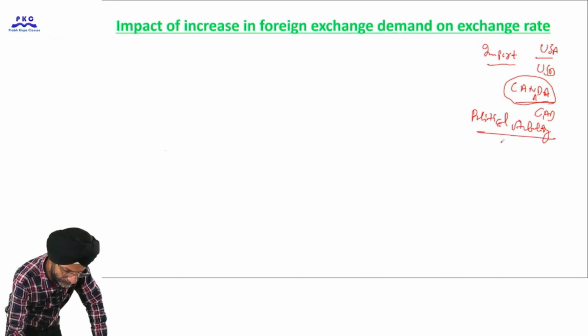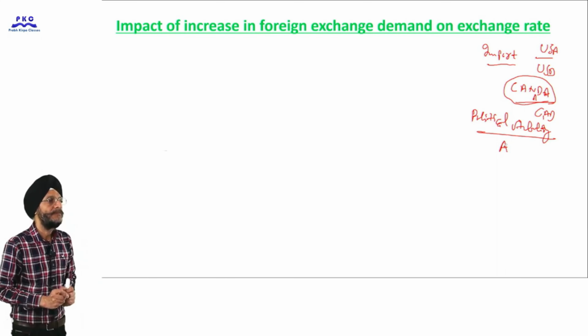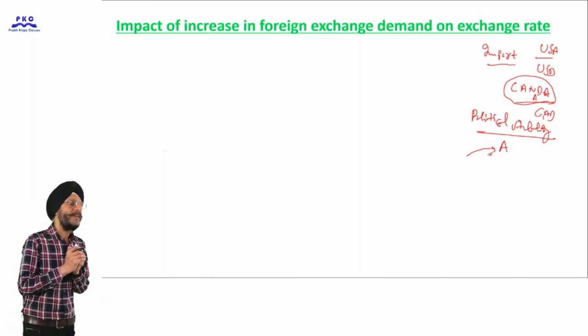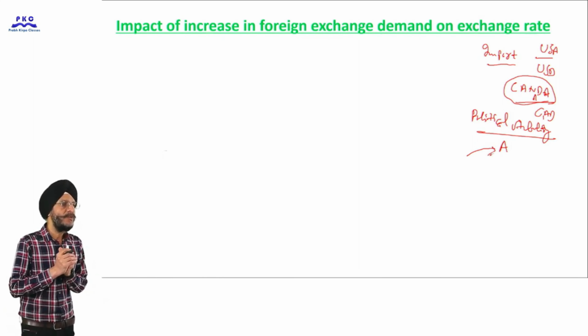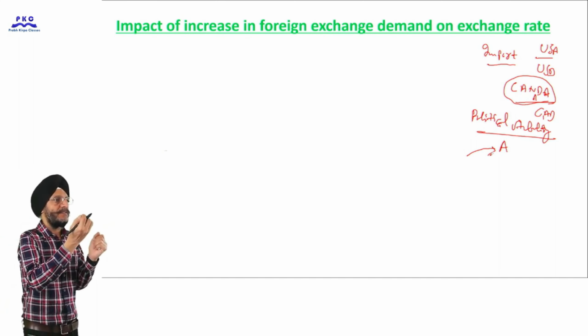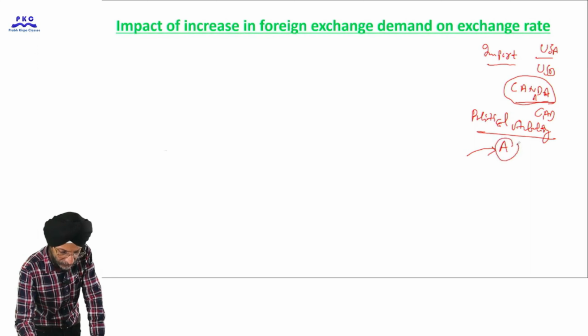Suppose there is political stability in a particular country, say A. So the people from the rest of the world will like to make investments in country A. To make investments, they will have to purchase the currency of that country.